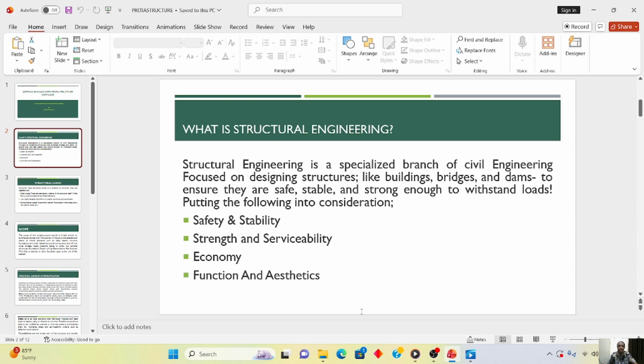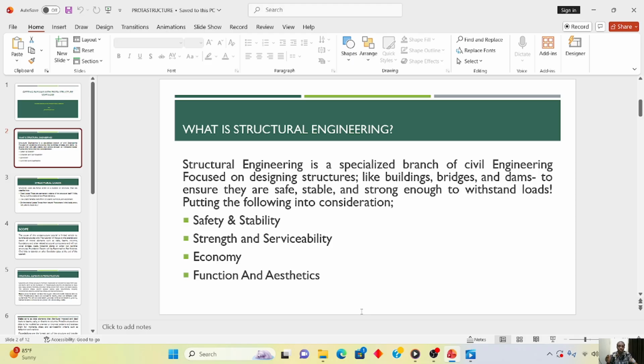Now you can see that this will mean more cost, because we all know that 16 mm rods are much higher in cost than 12 mm. So using 16 mm instead of 12 mm shows that we have not put economy into consideration.